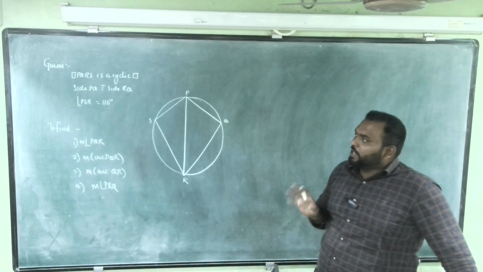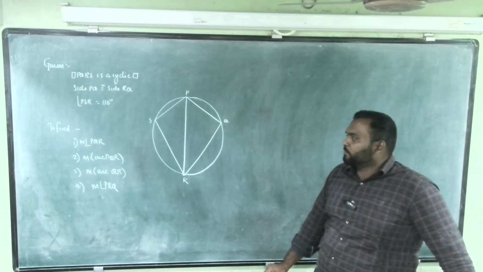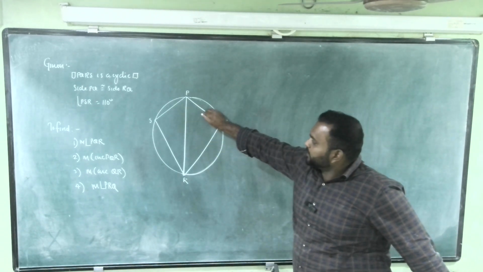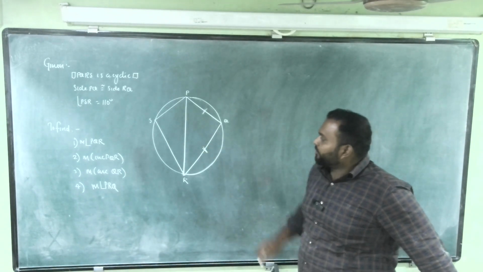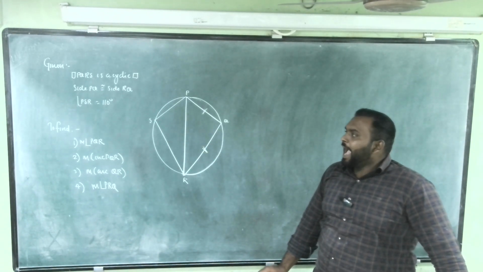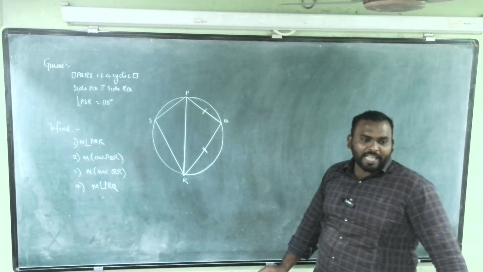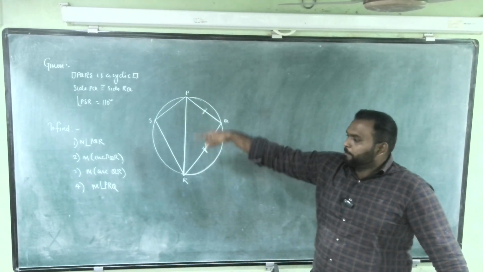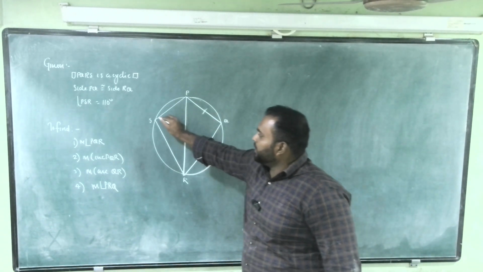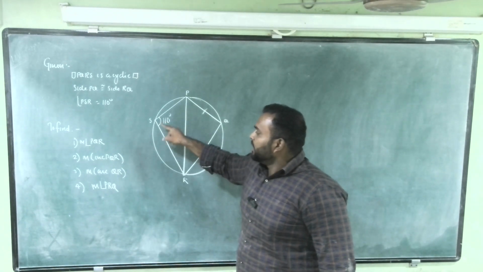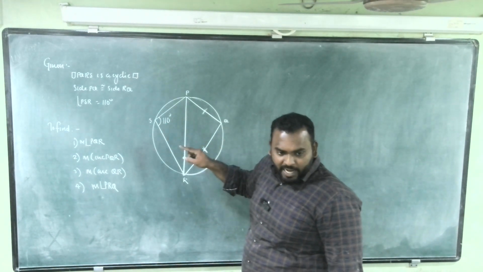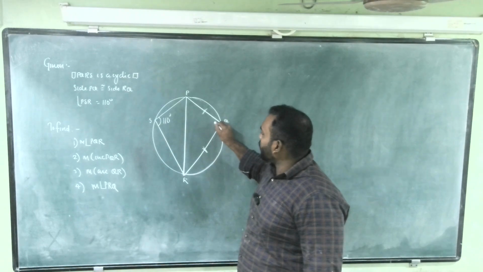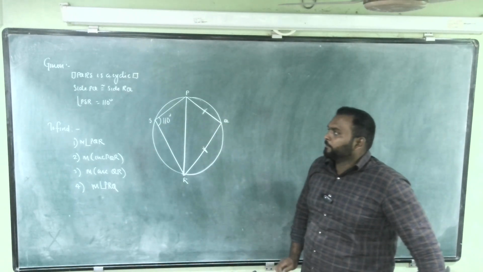Then they have given that side PQ is congruent to RQ. Where is PQ? Where is RQ? So you'll have to mention that they are congruent. Angle PSR is 110. Where is angle PSR? So you mention in the figure that PSR is 110. If angle PSR is 110, then what will be the measure of its opposite angle, angle PQR?